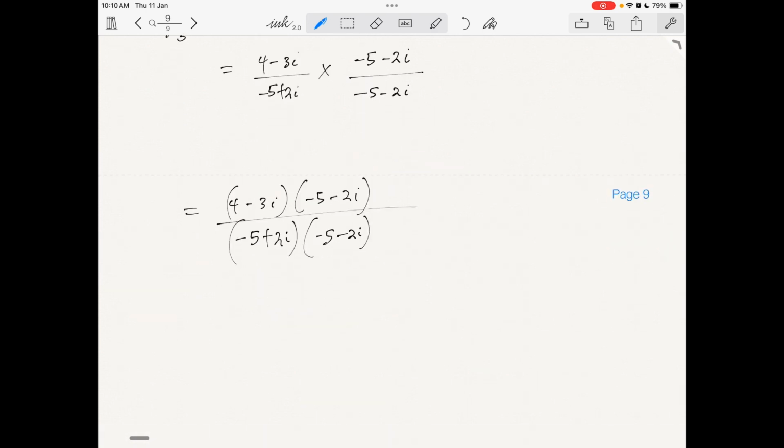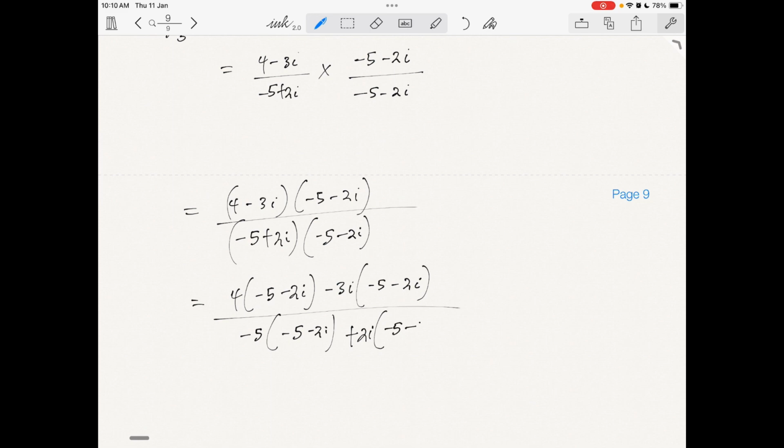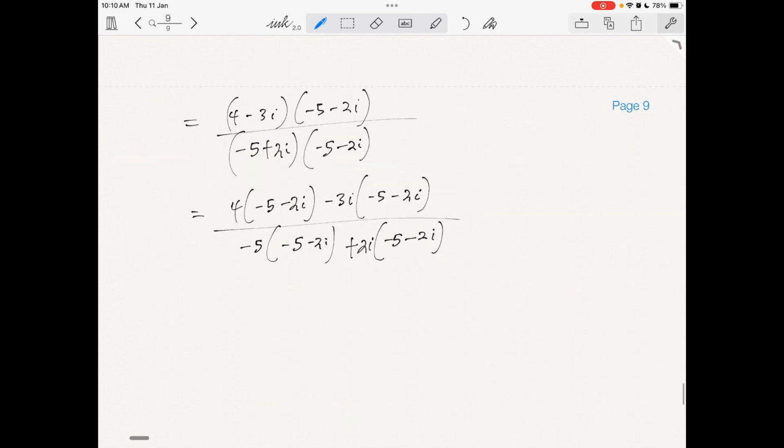So in essence, when we open the numerator, it is 4 into minus 5 minus 2i and minus 3i into minus 5 minus 2i, divided by minus 5 into minus 5 minus 2i plus 2i into minus 5 minus 2i. So we perform this multiplication process by opening the brackets bit by bit. So open brackets with 4. In this case, we have minus 20.